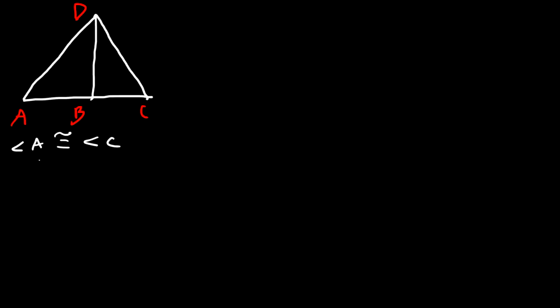Now let's look at another example. So let's say this is point A, B, and C, and this is point D on top. And let's say that angle A is congruent to angle C, and that ray DB bisects angle ADC.